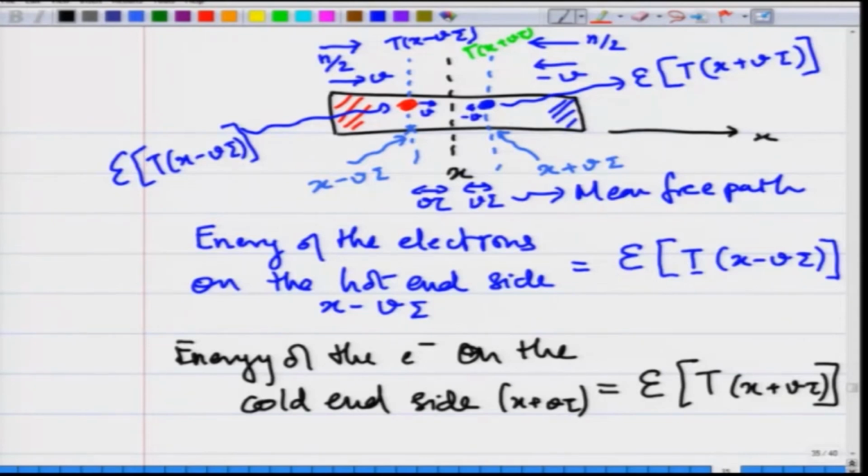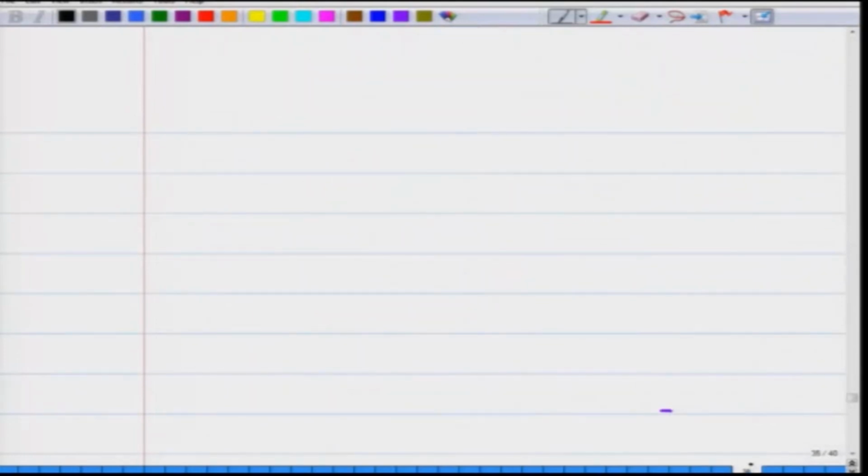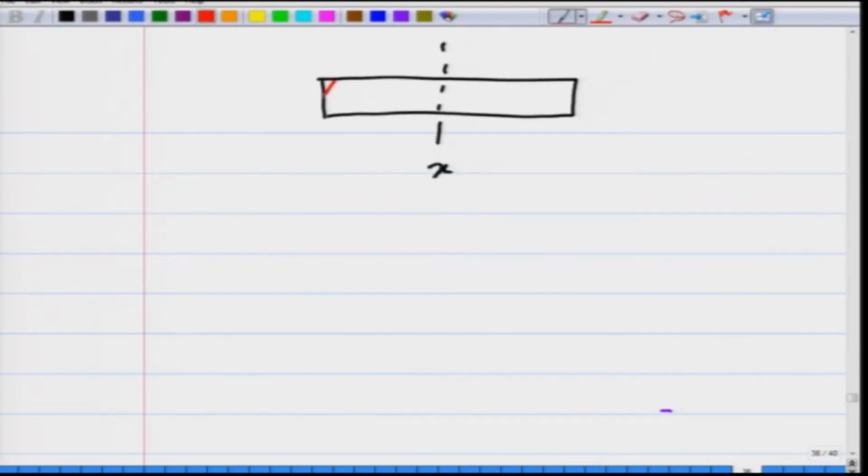So, now with this built in, let us calculate how much is the net heat flux moving through the sample from either end. Let us redraw this picture. You have x, you have the hot end side, you have the cold end side. This point is at temperature x minus v times tau, and this is at temperature x plus v times tau.